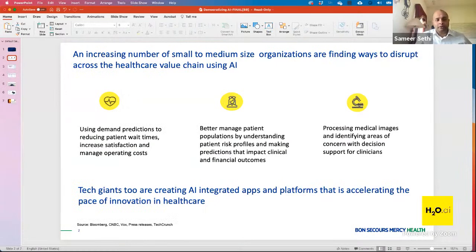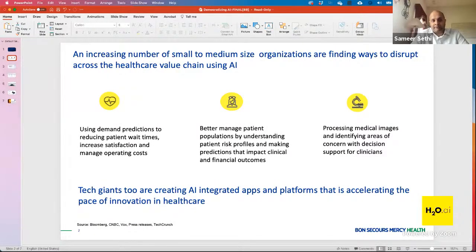All right. So when we look at the potential of deploying AI in healthcare and the impact it can drive, the opportunities in our mind today are endless. We at Bon Secours, and I think healthcare in general, are very ripe in this space, and we see opportunities to leverage AI and drive impact through our care continuum.